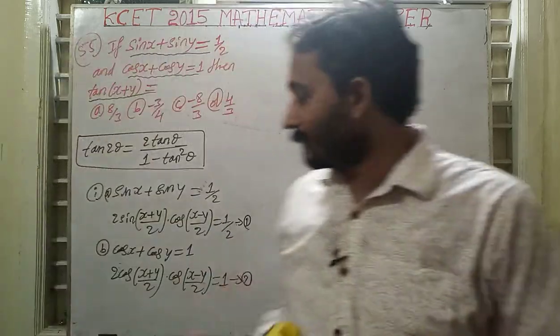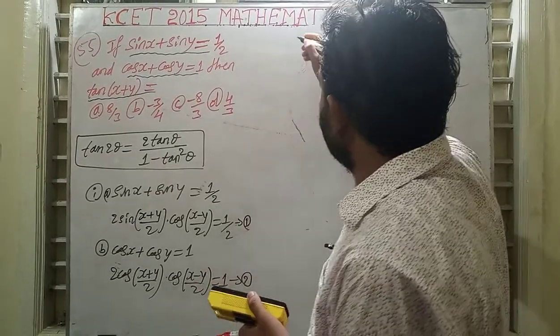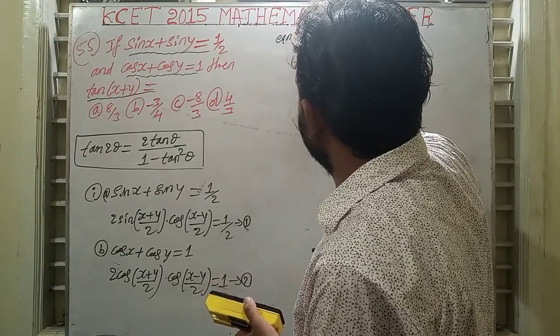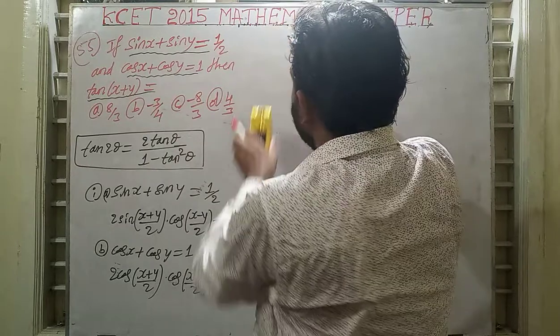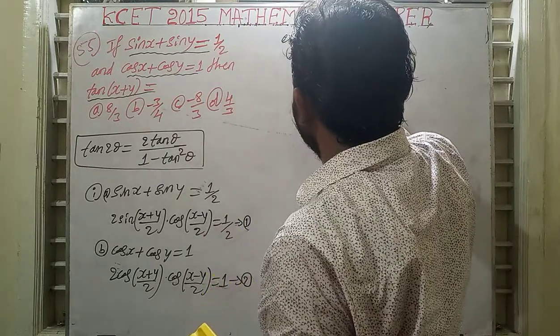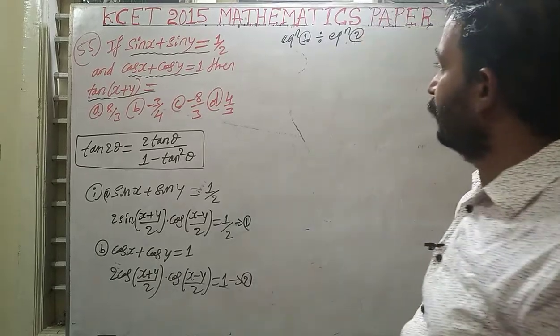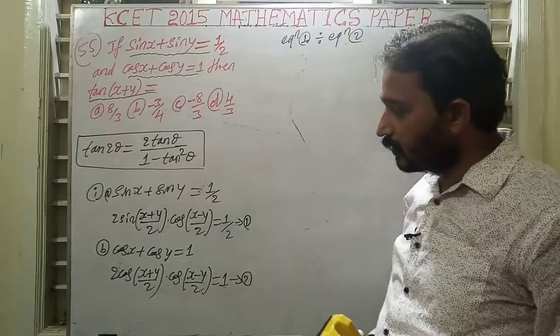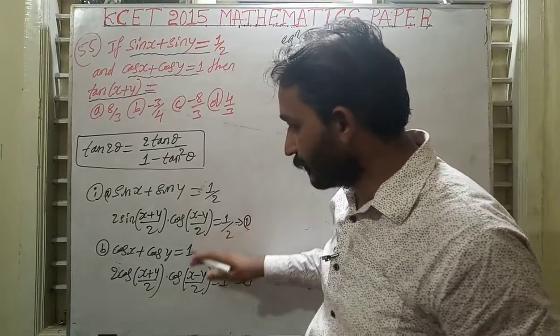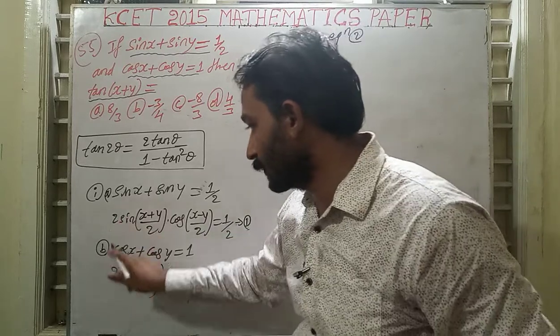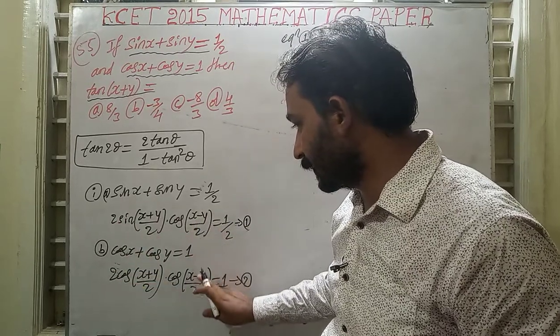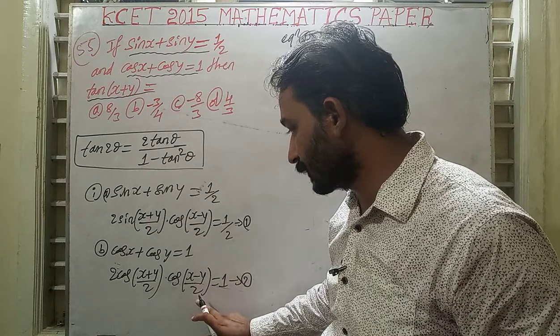So one operation is there in this case. What is the operation? Equation 1 divided by equation 2, we get tan of (x plus y) by 2. In equation 1 divided by equation 2, the 2 gets cancelled, and cos of (x minus y) by 2 cancels with cos of (x minus y) by 2.